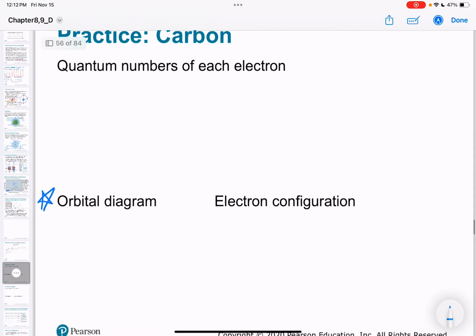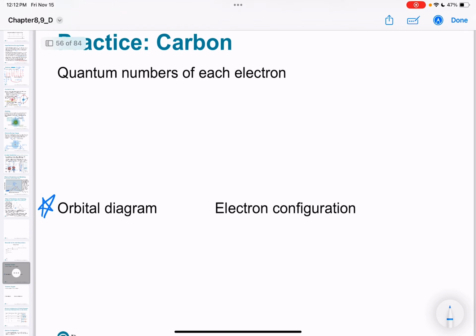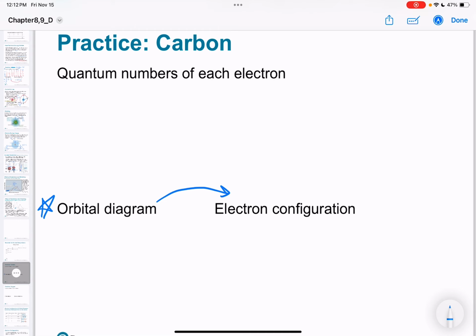So start with the orbital diagram, then go to the electron configuration, which is where you're summarizing the orbital diagram basically in text rather than in a picture, but you're omitting the M sub L values there, which is the biggest thing. And really, you don't have to include the M sub L values in the orbital diagram either. Then you can move from the orbital diagram up to the quantum numbers.